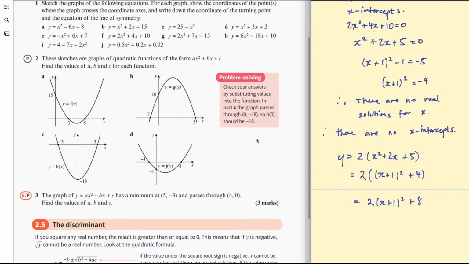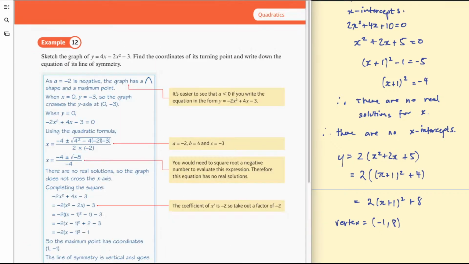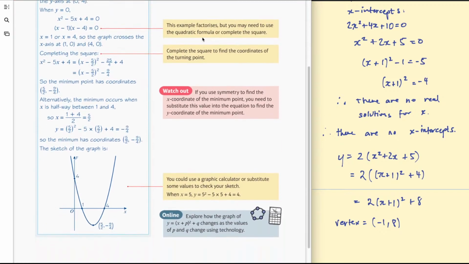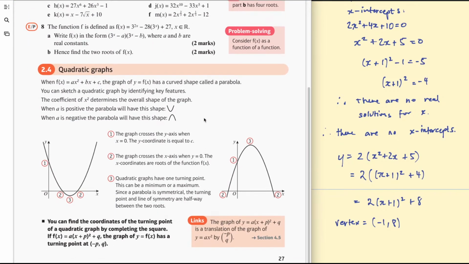So then remember the vertex was the negative of the number in the brackets, negative 1, and then the positive 8. So that was, where was that? That was written here.